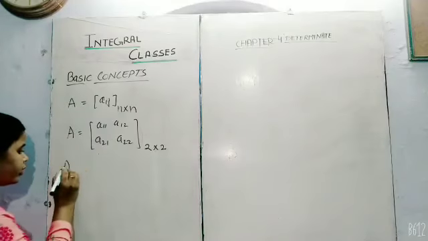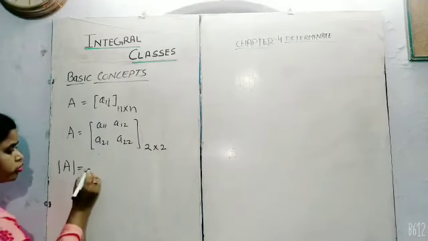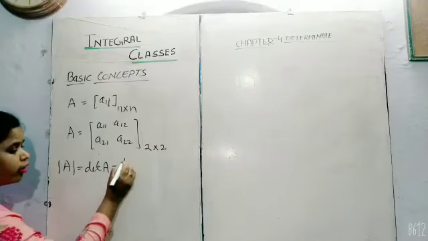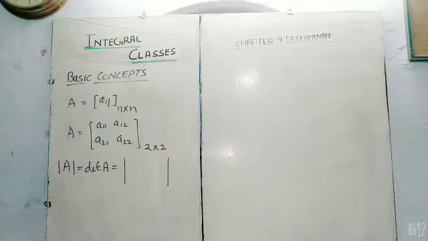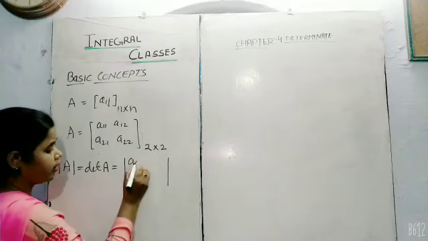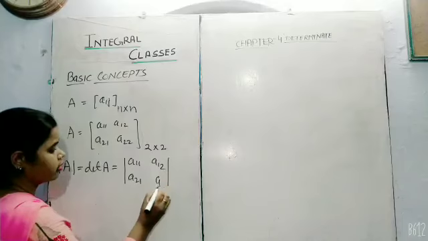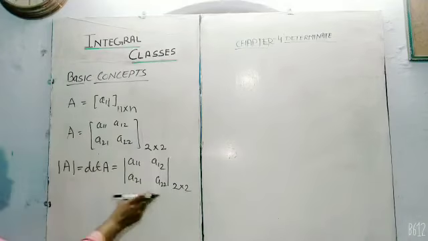Now, we will denote it by determinant like this, and also det A equal to, we will draw two parallel lines and all the elements are written inside. So this shows the determinant form.